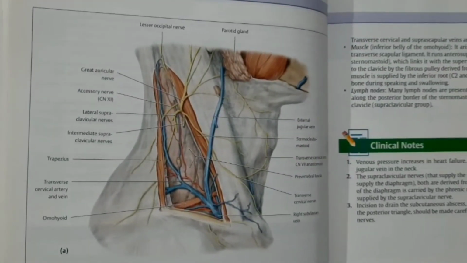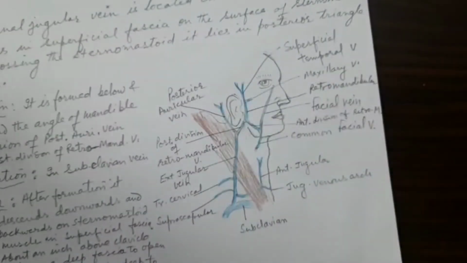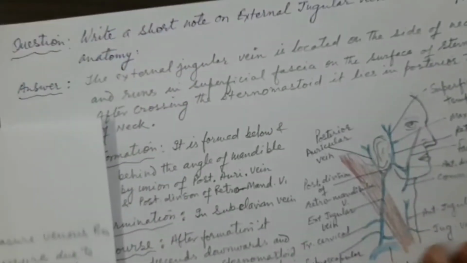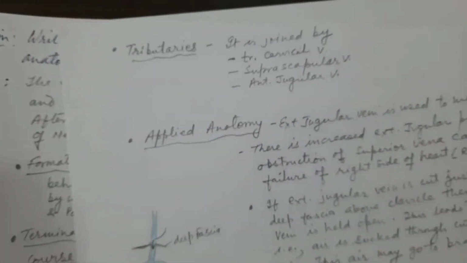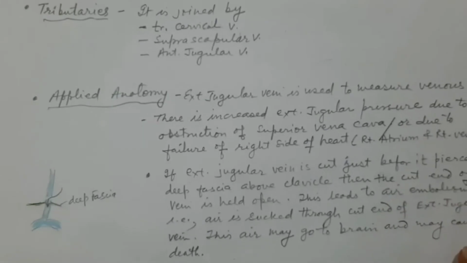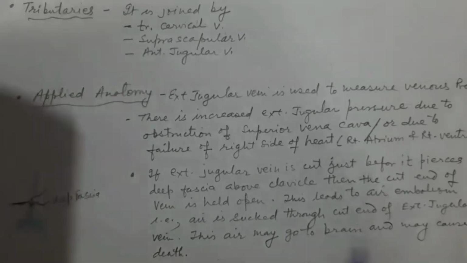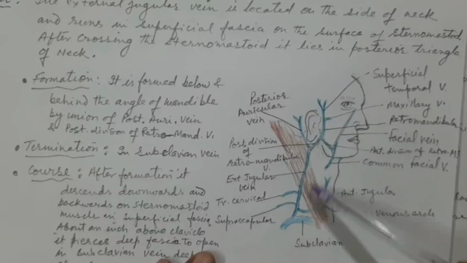Right, let us see the applied anatomy of the external jugular vein, in relation to the venous pressure. Because this vein is very superficial, just beneath the skin you can see it.